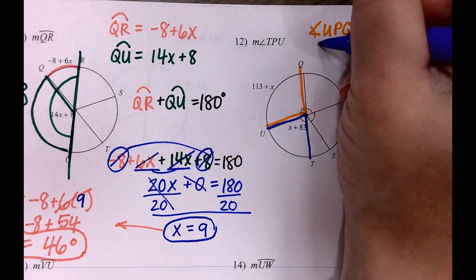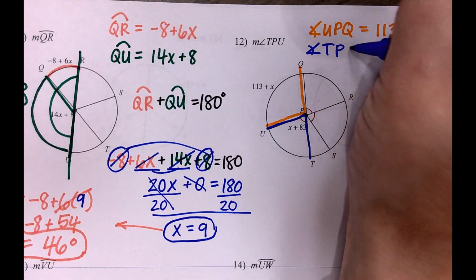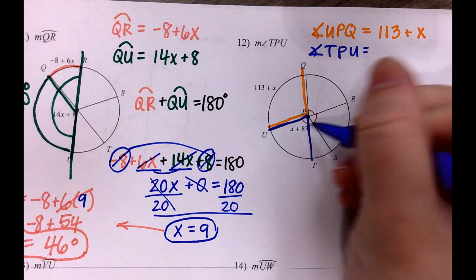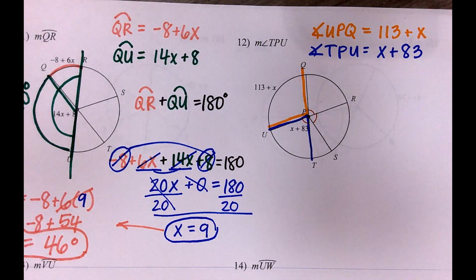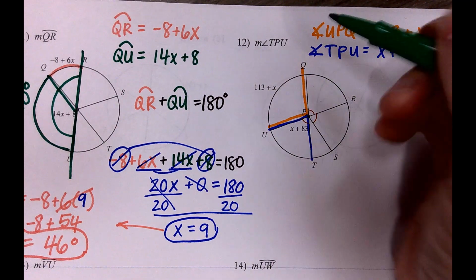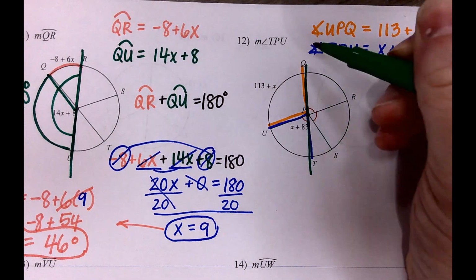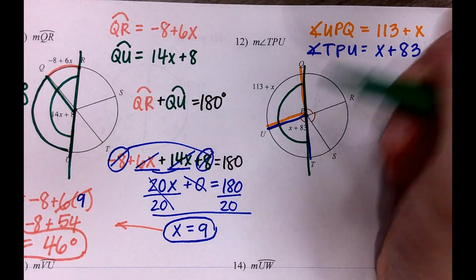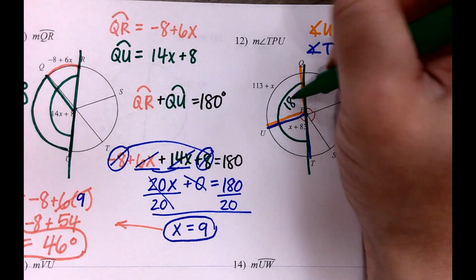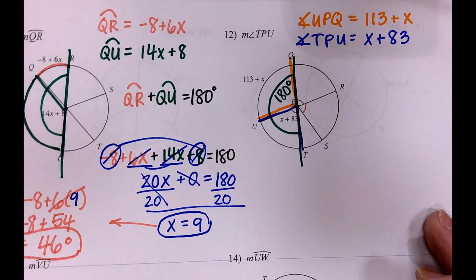TPU is x plus 83. And I see that this is a straight line. It goes right through the middle of the circle.